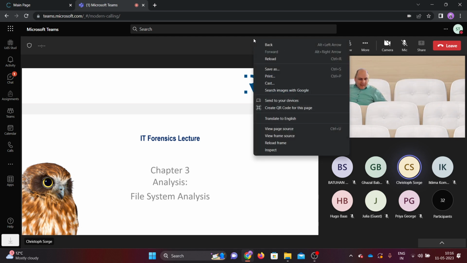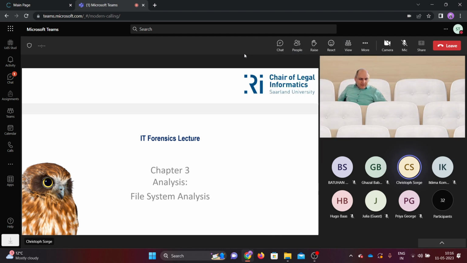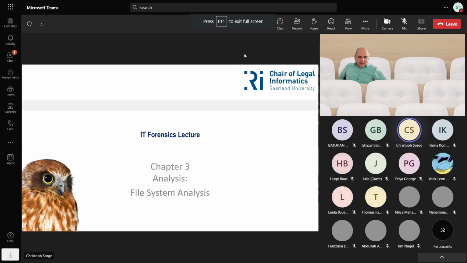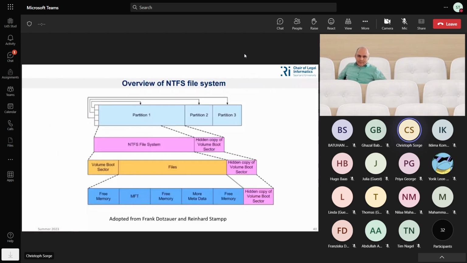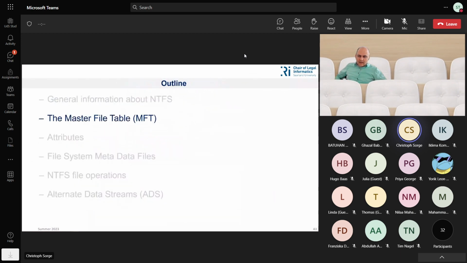Just to remind you that last time we talked about file systems and specifically about NTFS as one example of a file system. We went through the main data structures in NTFS, looked at some core concepts, and most importantly, we looked at file operations.